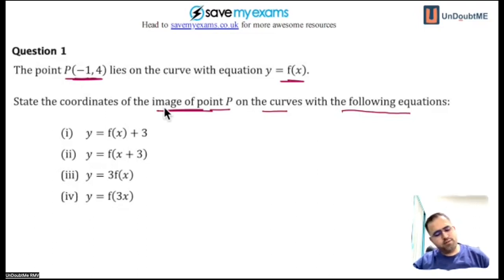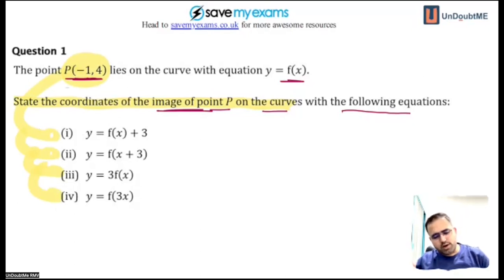A very important point which you can read here: it is not mentioned anywhere what the image of point P is on. If it is literally a mirror image, then they will always mention on the x-axis, on the y-axis, or on a certain line. Nothing is mentioned. Nothing mentioned means you just need to transform this point as per the given functions. That will be treated as the image only.